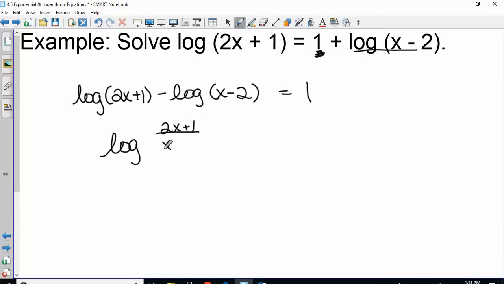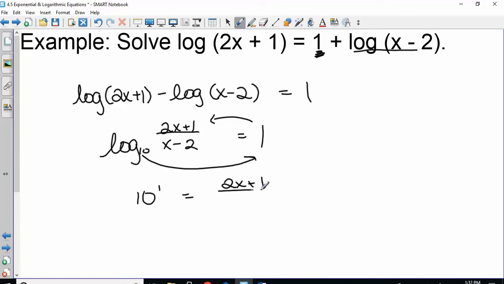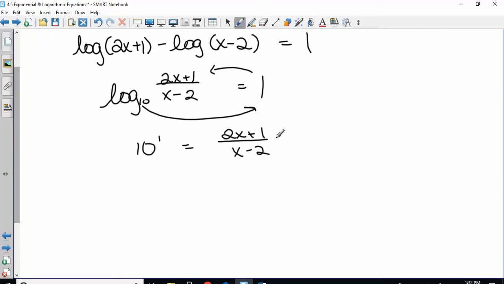If logs are subtracted, we divide. And when there's only a log on one side, we change it to exponential. If there's no base written, what is it? 10. So it's 10 to the first equals 2x plus 1 over x minus 2.